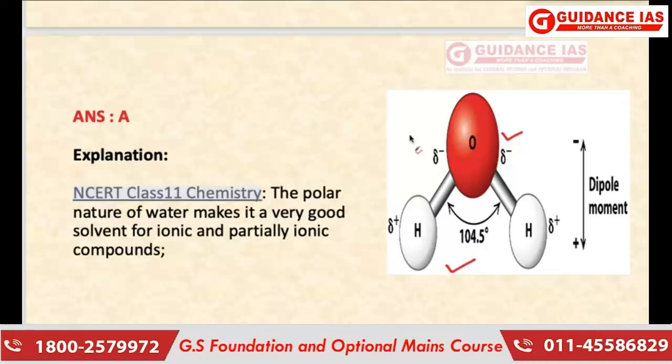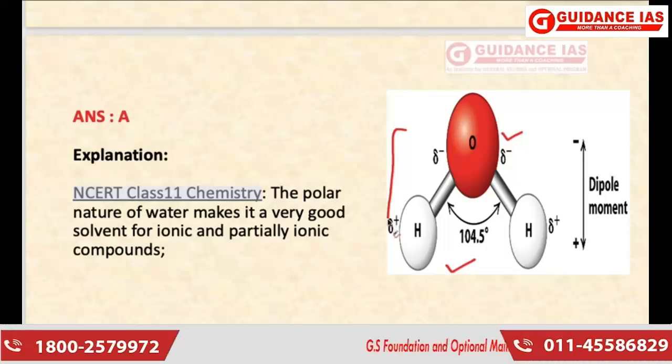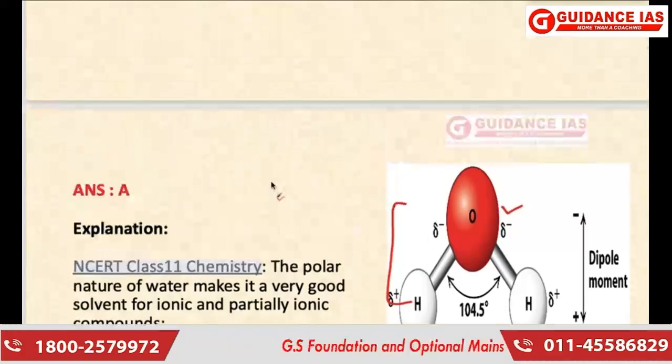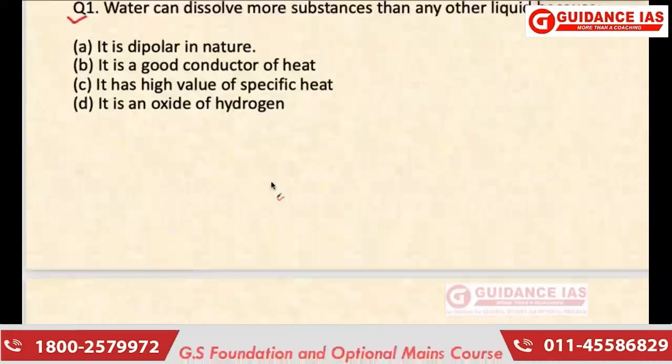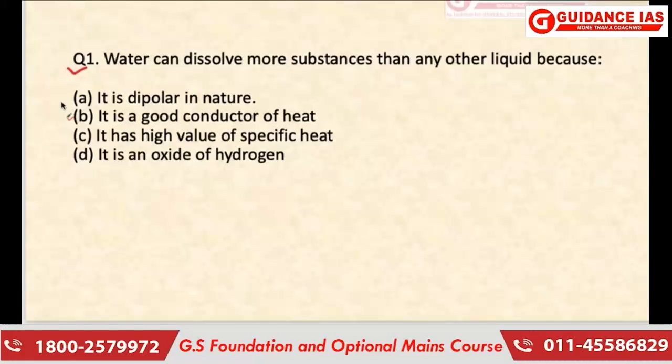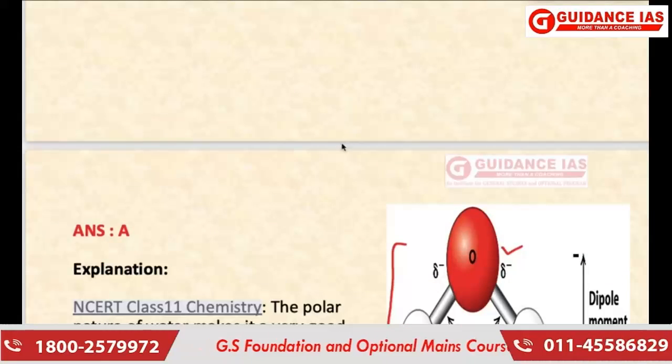And this entire arrangement allows the water molecule to become attracted to many other different types of molecules, and also it makes it polar in nature. Hence, which one should be the correct answer? The correct answer should be option A, which is it is dipolar in nature, and that is why it can dissolve more substances than any other liquid we have.